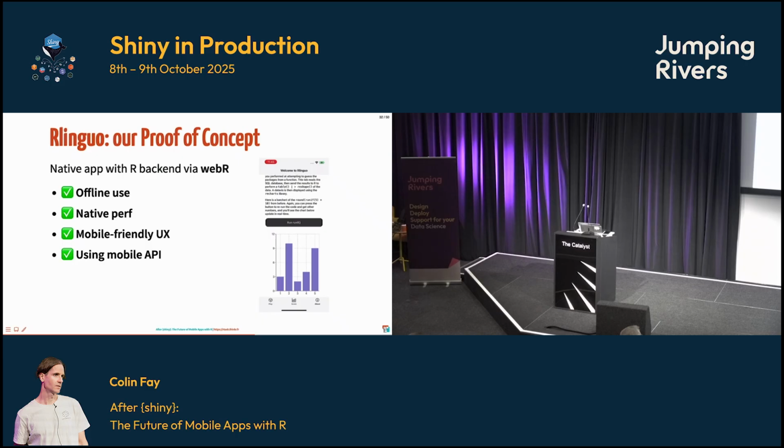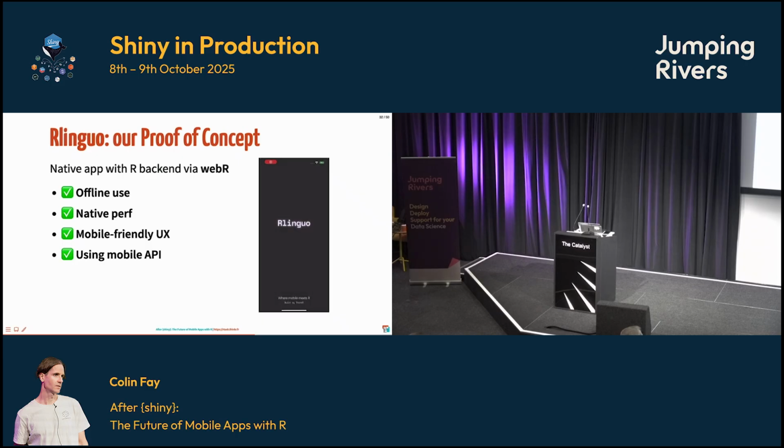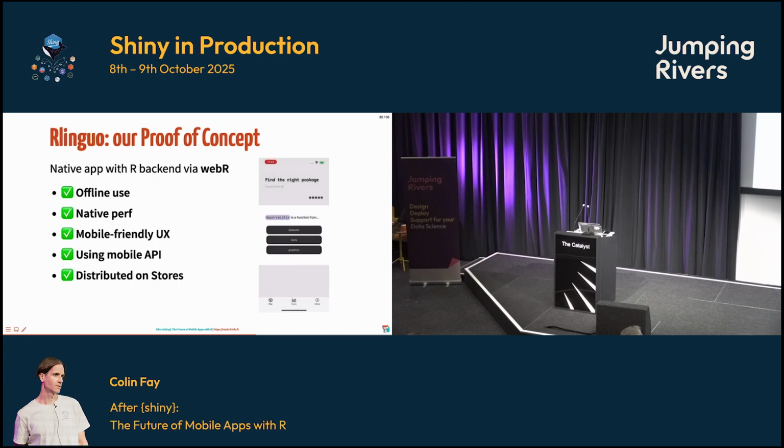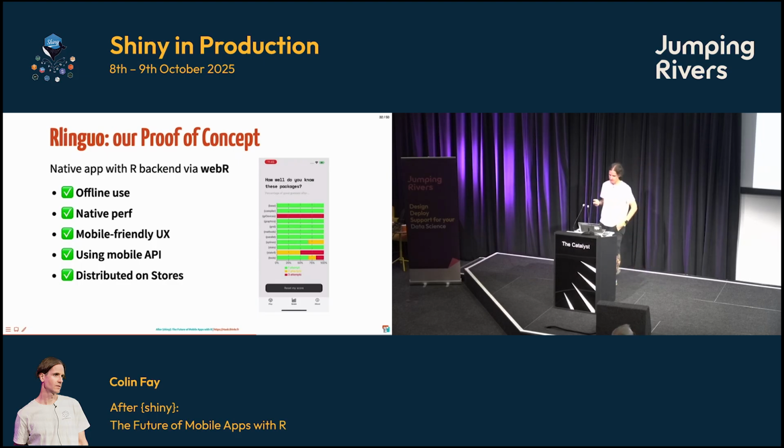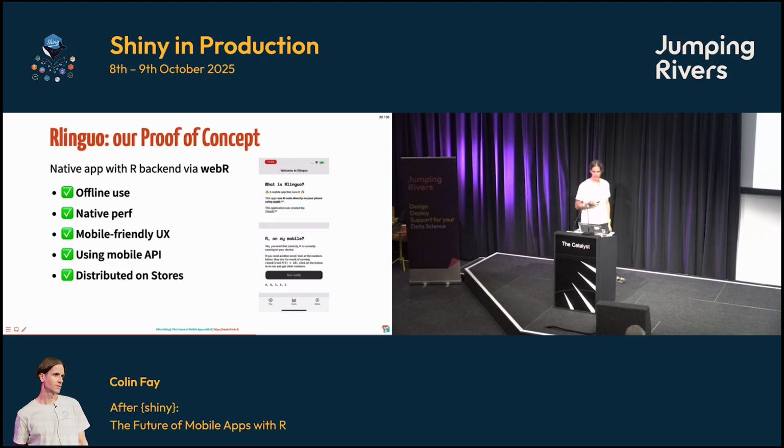The vibration doesn't bring anything, but we just wanted to prove that it's possible. And of course, it's distributed on stores, so if you want to install it from Google Play or the Apple Store, it will work. So we managed to bring it to the phone with all these elements.